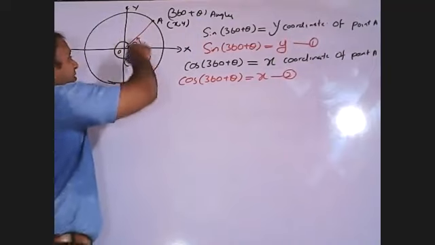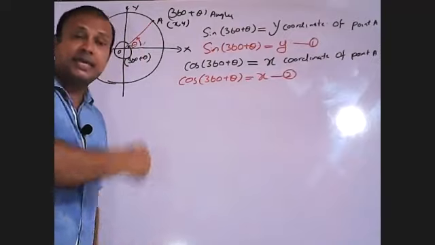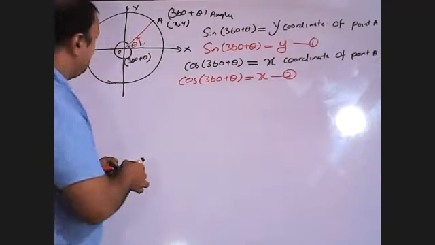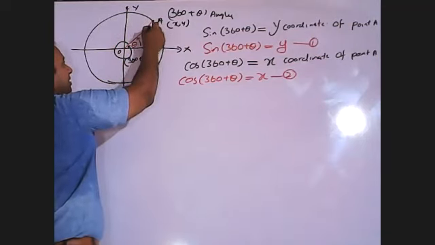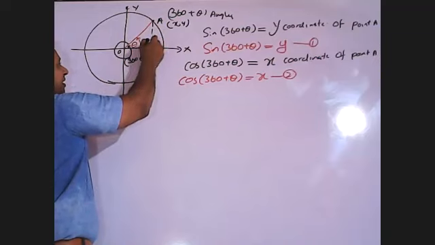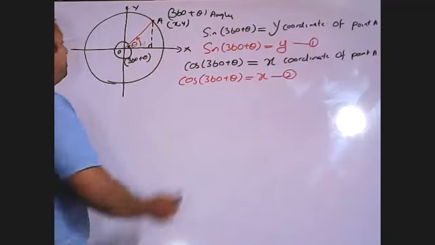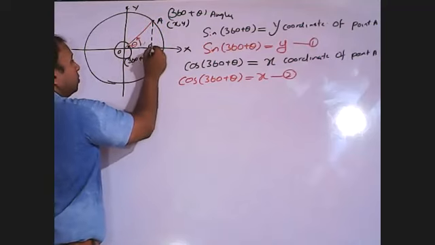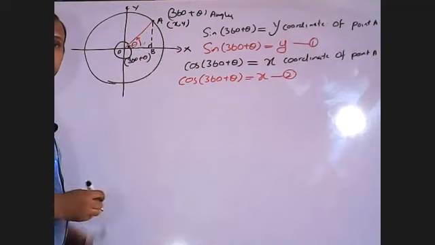Then you can construct a right angle triangle including this angle by drawing a perpendicular from A to the x-axis. Put it as B.